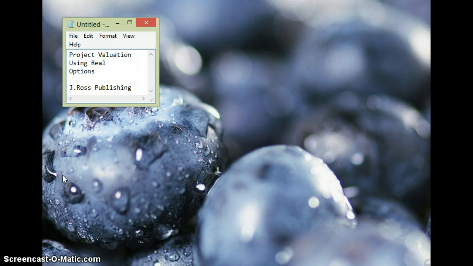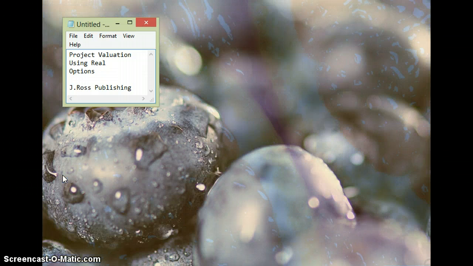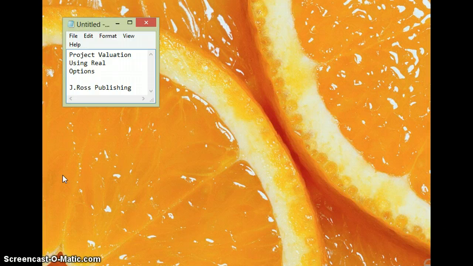And the last chapter of the book addresses real-world issues in the current status of real options applications in the corporate world. Now, the spreadsheets used in conjunction with the numerous example calculations presented throughout the book, as well as the solutions to the problems included at the end of each chapter, are available at jrospublication.com and coca-cola.com. Additional information and ancillary material related to real options are also available here.